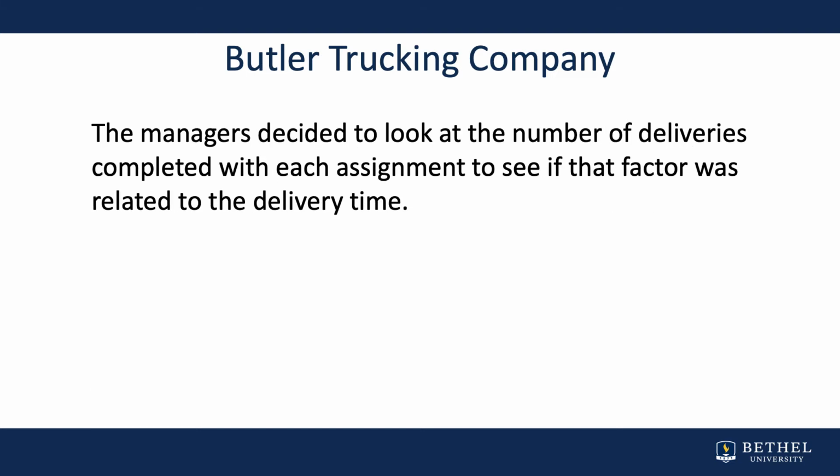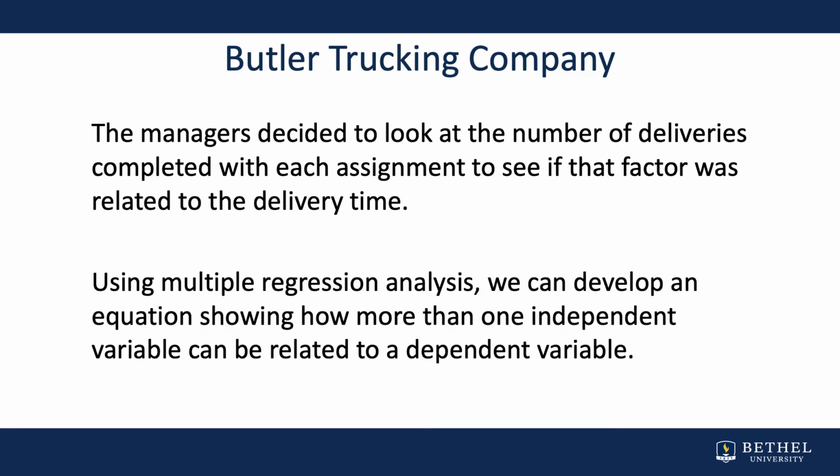The managers decided to look at the number of deliveries per assignment to see if that had a relationship with the actual delivery time. So in order to do that, we have to use multiple regression, where we would develop a model or an equation showing the relationship between more than one independent variable and one dependent variable.